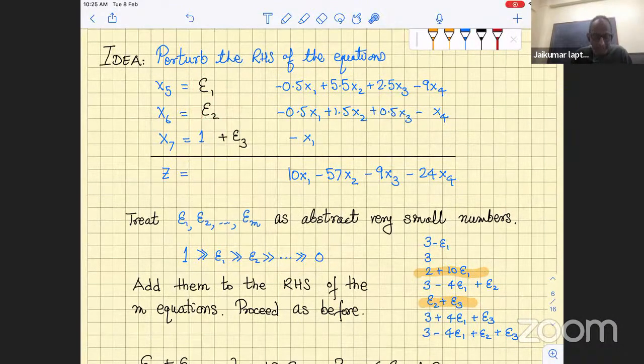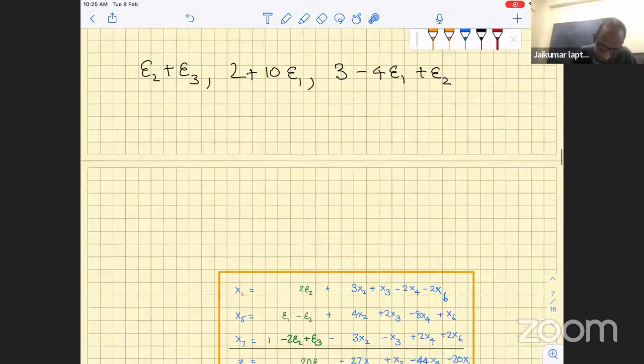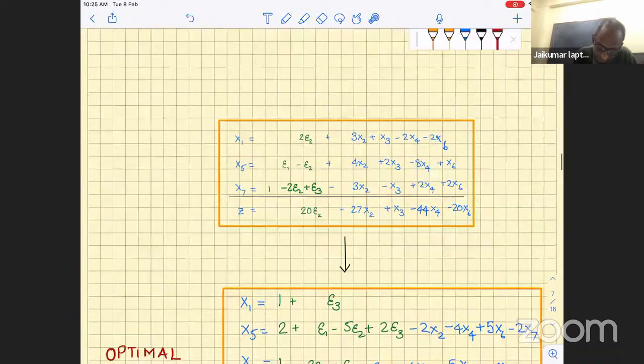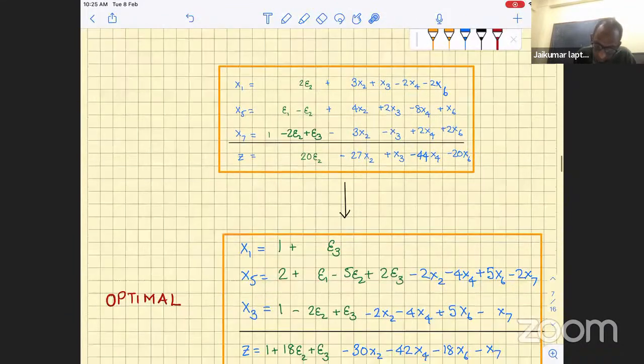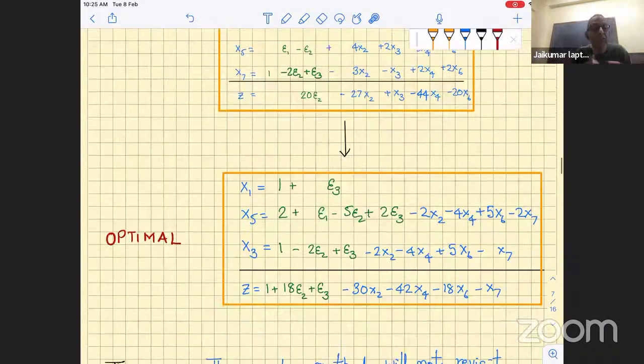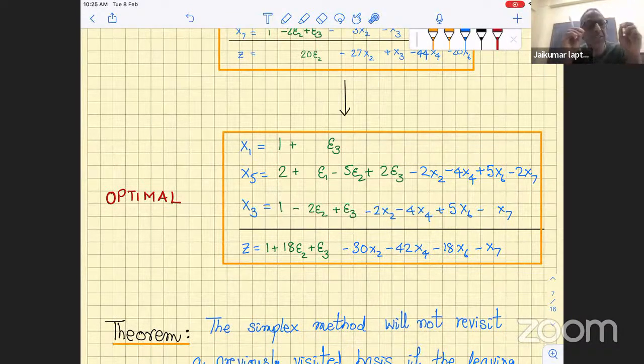Now onwards, the claim is that the scalars that will appear here will always be non-zero. Non-zero as polynomials. I'm not saying that the constant term will be non-zero. If you look at the entire polynomial in epsilon, it's a linear polynomial, something times epsilon 1, something times epsilon 2, etc. That quantity will always be non-zero.